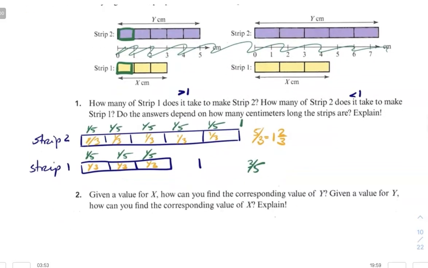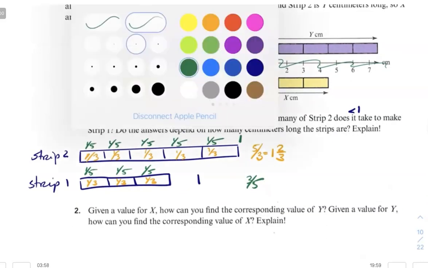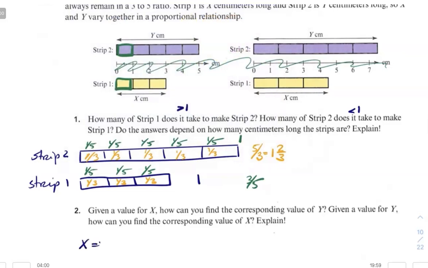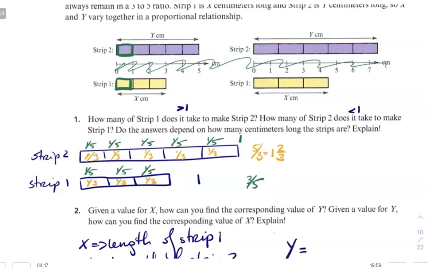Given a value for x, how can you find the corresponding value for y? Now x is our length of strip 1, and y is our length of strip 2. So y would equal how many strip 1s? Well, y is going to be 5/3 of strip 1s.